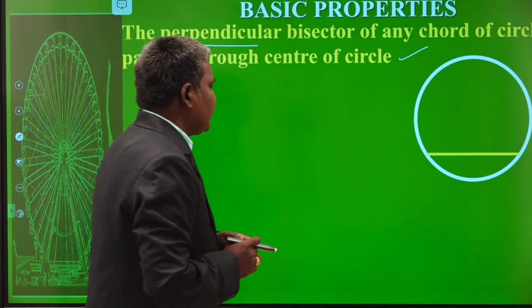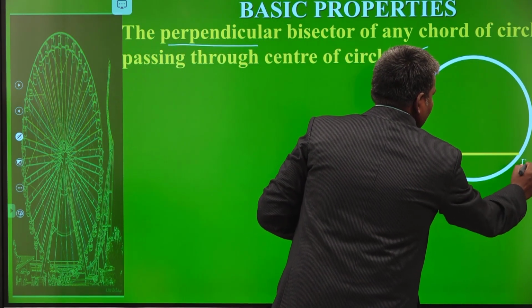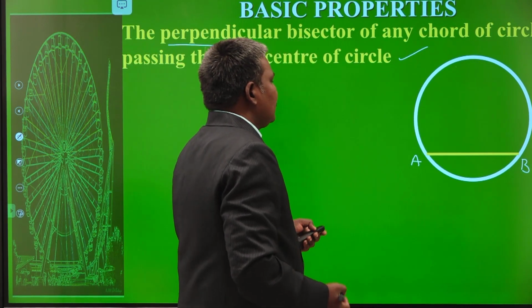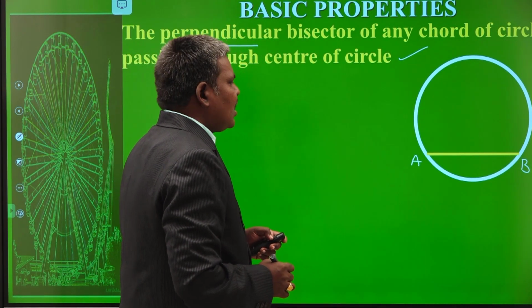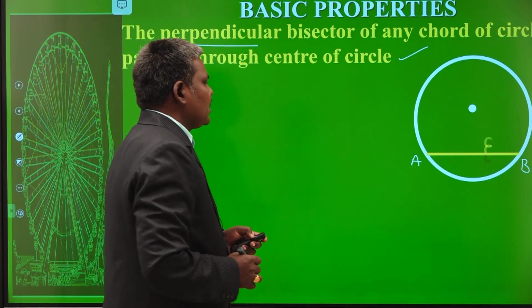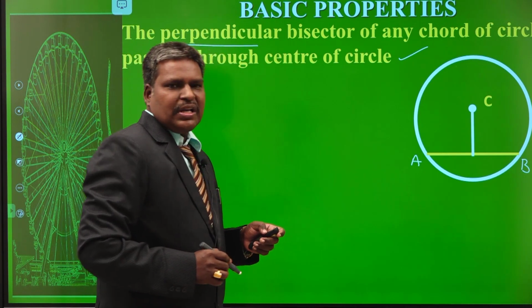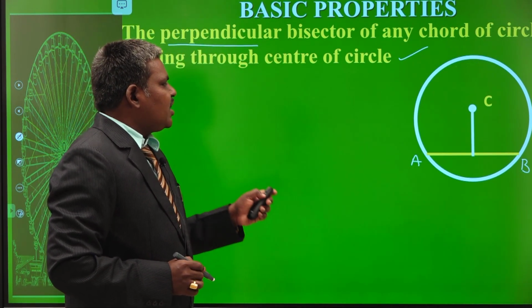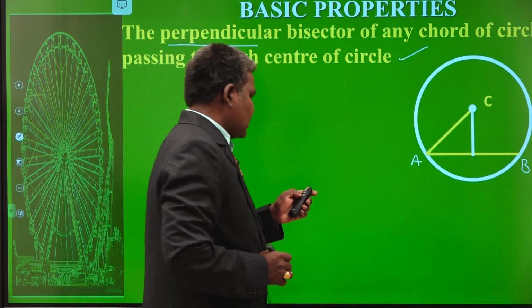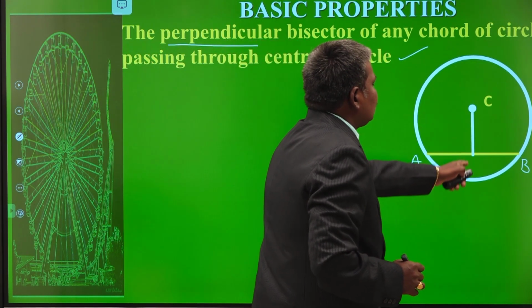This is the line segment joining any 2 points, say A comma B, on the circle. Its perpendicular bisector always goes to the center of the circle, that is your aim. This is the center of the circle, as shown in this figure. This is your perpendicular bisector, and you are going to prove that it always passes through the center of the circle.